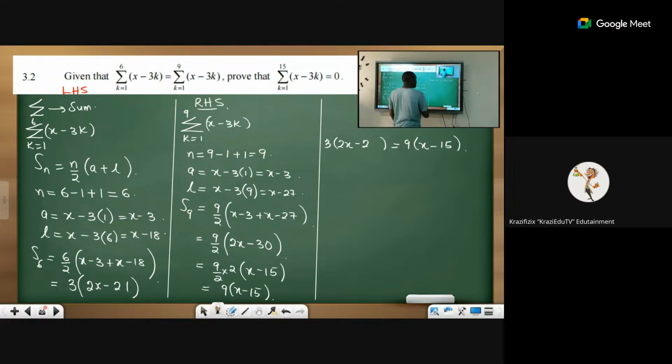Minus 21. Okay. Do you notice we can find x now? I don't even want to expand. Divide both sides by 3. What would that give me? 2x minus 21 equals to 3x minus 15. So 2x minus 3x. We're in grade 12 now. Skip some steps. What do we have?